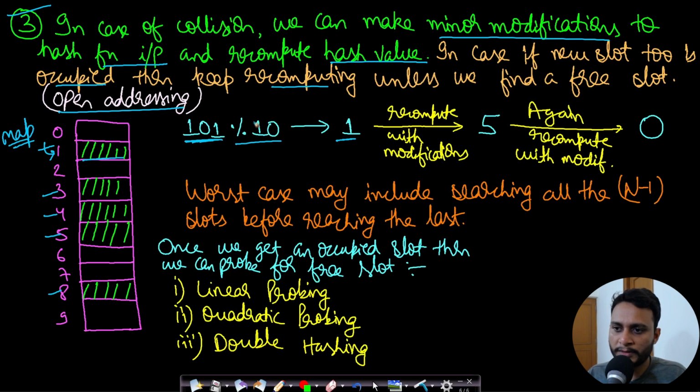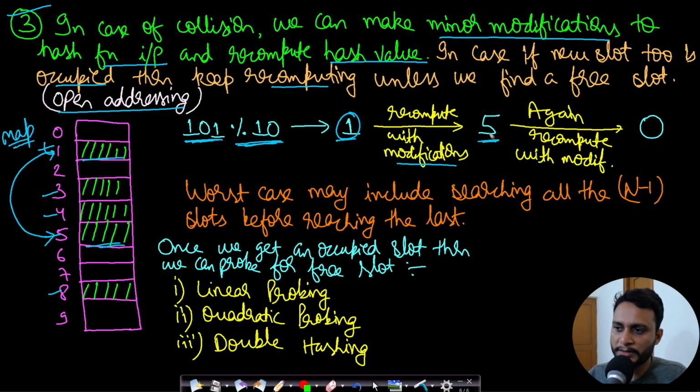Now what we will do is, in this technique, we will do some minor modifications to the input which we had given to this hash function mod 10, and then we will again recompute the hash value. So again, let's say after recomputation, the value which we got is 5. So from 1 we will jump to this index 5. Now 5 is also filled, it is occupied.